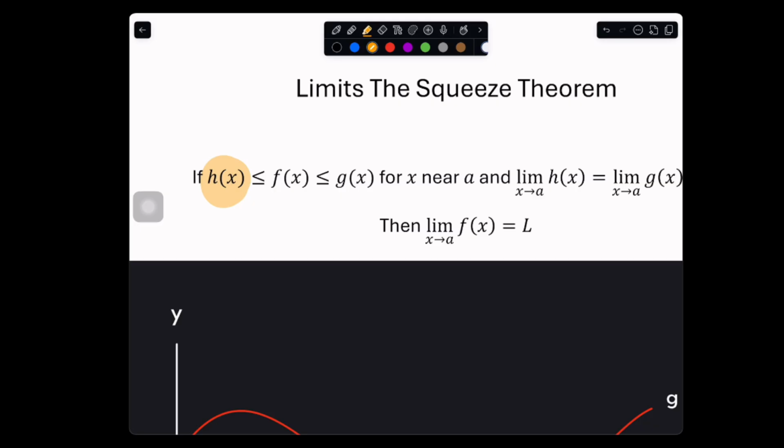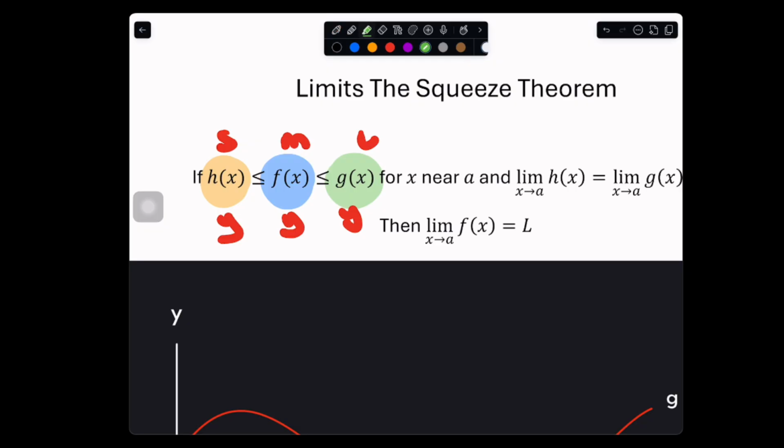You got this h of x function smaller than f of x, which is smaller than g of x. So I look at this as the smallest, the middle, and the largest. And these are really y values, okay? Because y is f of x, y is h of x, y is g of x.